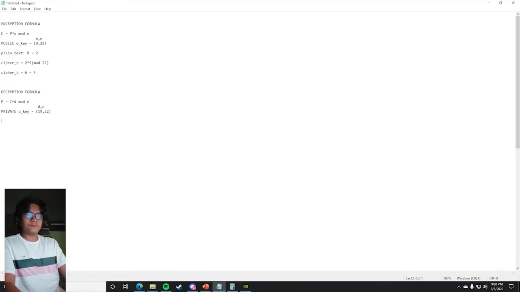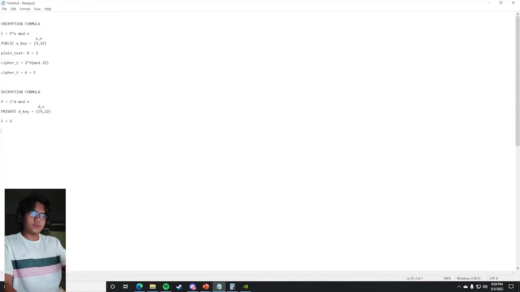So we're going to use the formula P is equal to C raised to D mod N. C is our ciphertext, which is 6, so F is equal to 6. And D is 19, while N is 22.